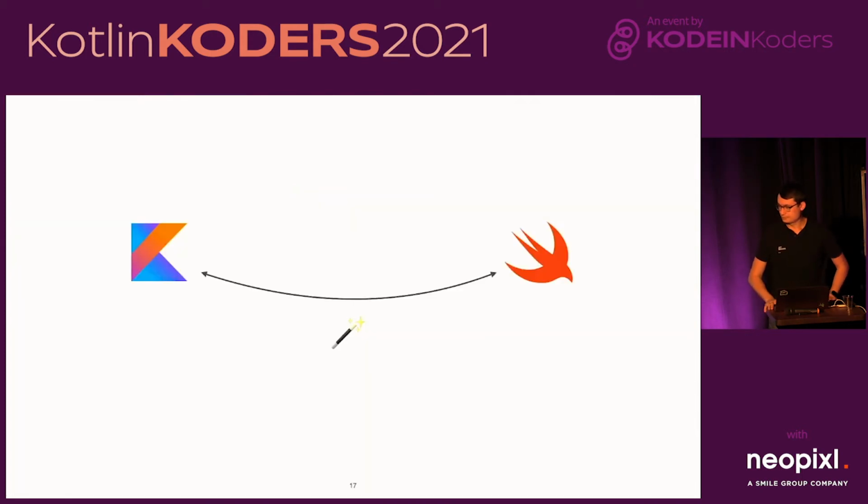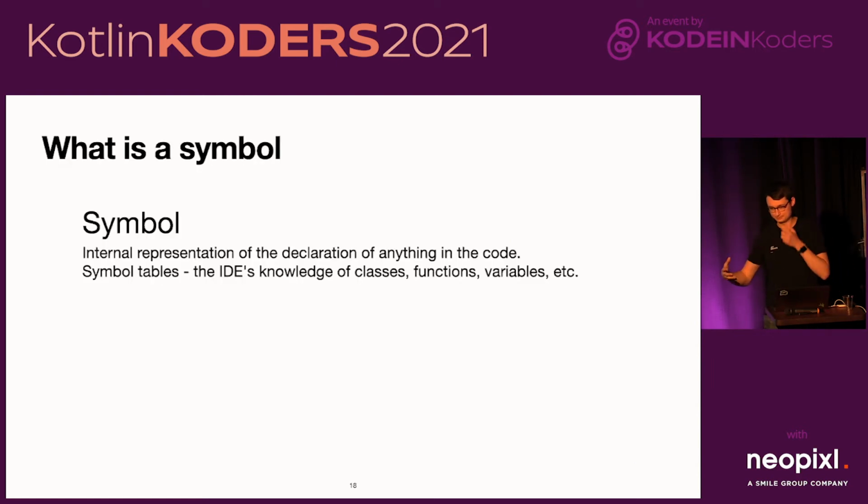Before we go deep into this magic happening between Kotlin and Swift, I need to say a couple of words about some theory. So what is a symbol? Symbol is some structure which contains a representation of how IDE sees your declarations.